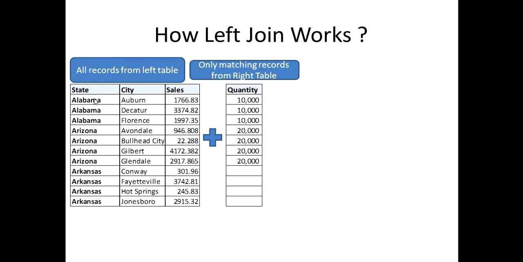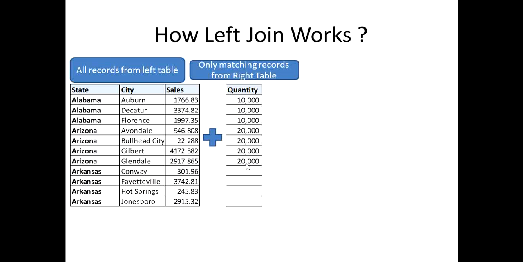So wherever there was Alabama, Arizona, I am taking the quantity corresponding to each of the states. Since this state is repeated three times in my left table, three times I am fetching the quantity from my right table. Similarly, Arizona is repeated four times because it has four cities, so all four times I'll be fetching quantities from my right table which has quantity information.